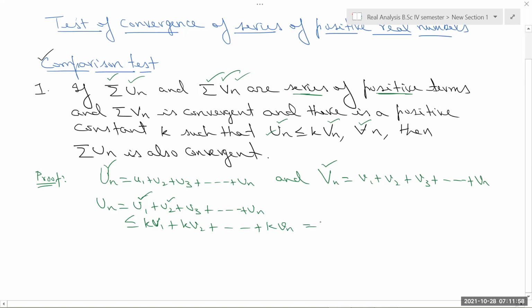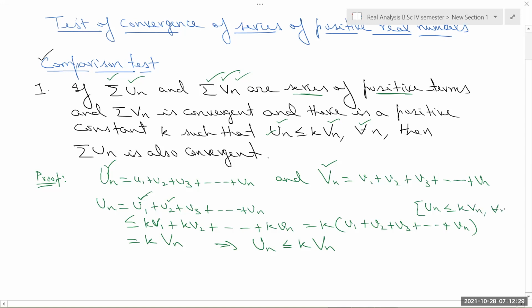Or taking k common, I can write k times v1 plus v2 plus v3 plus up to vn, which is basically k times capital Vn. So from here, I can write that capital Un is less than or equal to k times capital Vn for every n.